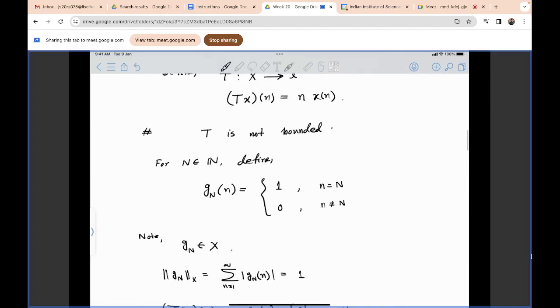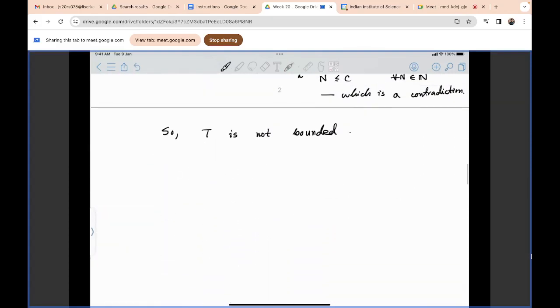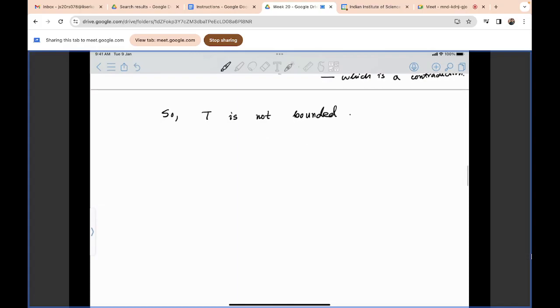Now we have to check whether this is closed or not. So let's check. Now we will show that T is closed.